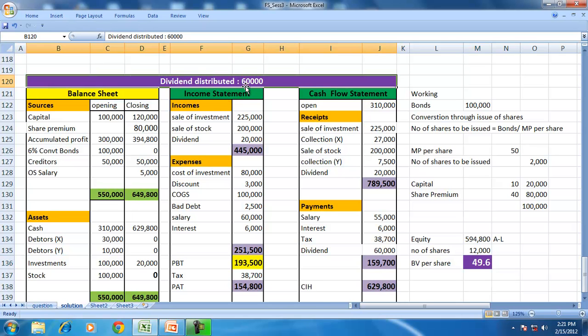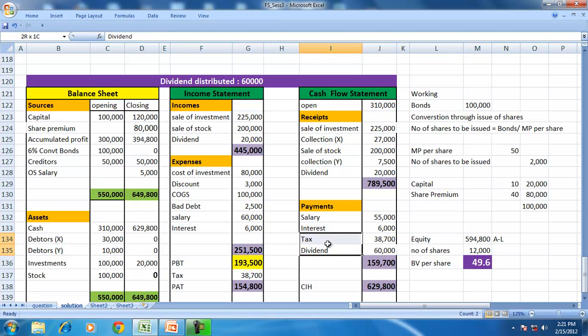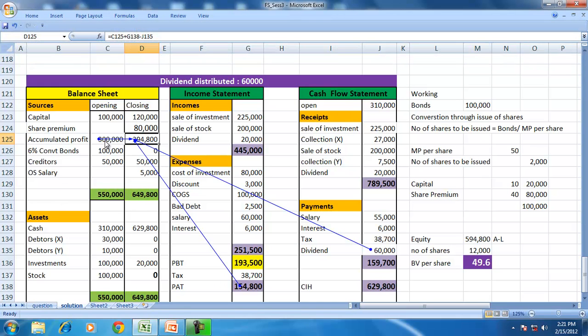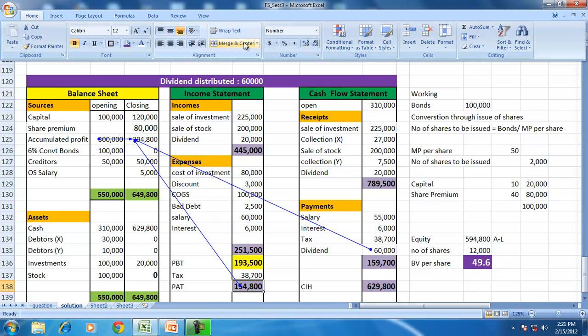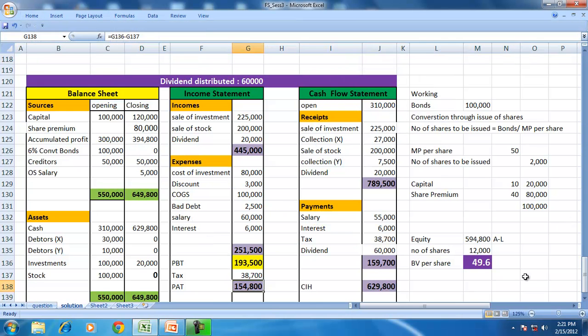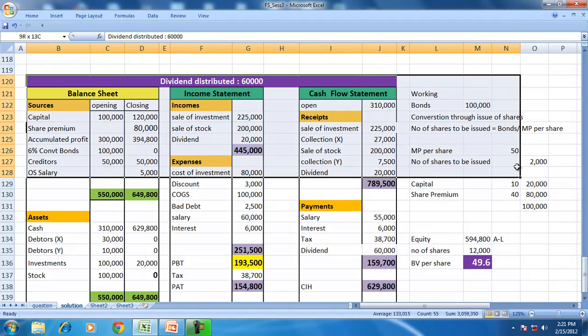So when we distribute the cash dividend, the dividend is a cash outflow with no effect on profit after tax, but the accumulated profit changes, because the accumulated profit is opening accumulated profit plus the current profit minus the dividend distributed. As a result, the book value per share falls.